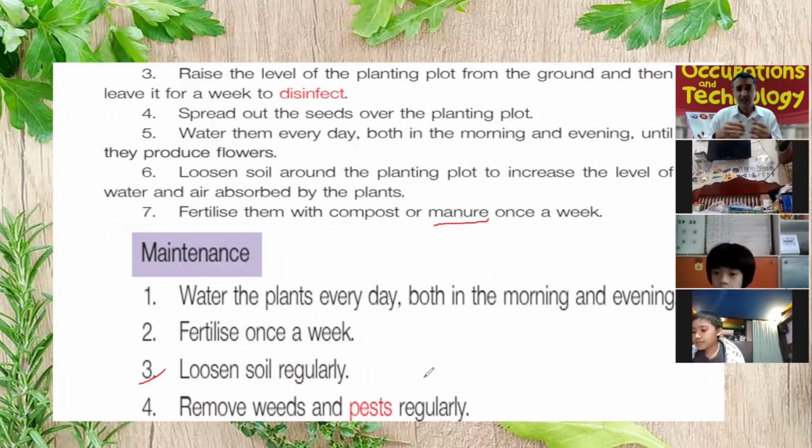Because of the air absorption and the level of water, for this we require to make the soil loose regularly, right? Step number 4, we have to remove weeds and pests regularly. So if a useless weed has grown up in that soil, we have to make sure to clean it from the weed and pests regularly.